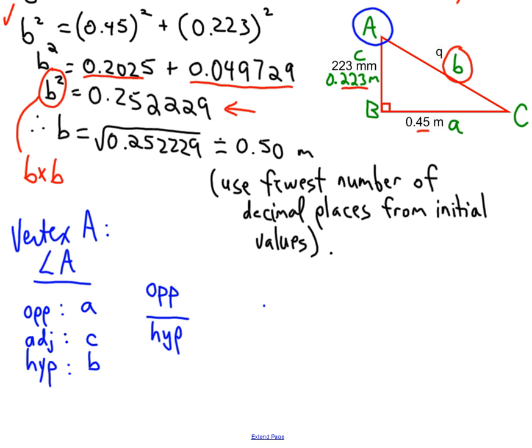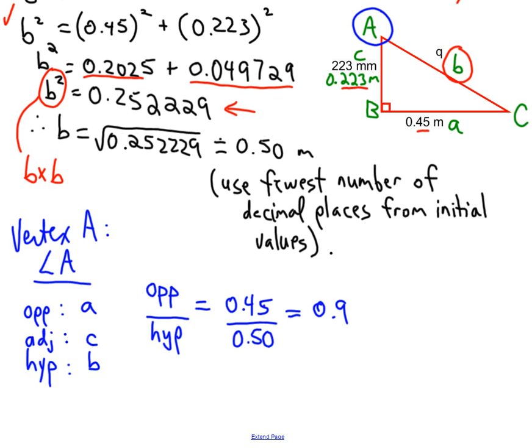That's called the sine ratio. You may remember that from grade 11. So the opposite over hypotenuse would be 0.45 divided by 0.50. Okay, you can just leave it as a fraction. You don't have to simplify that. If you do, you'd get 0.9. Okay, so the opposite is about 90% of the hypotenuse.